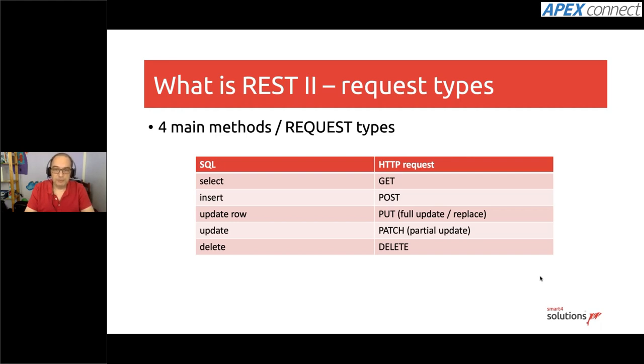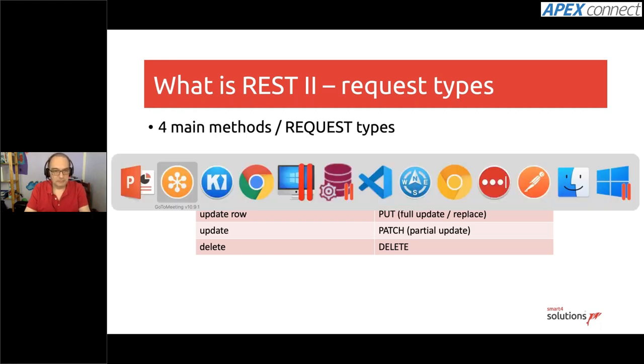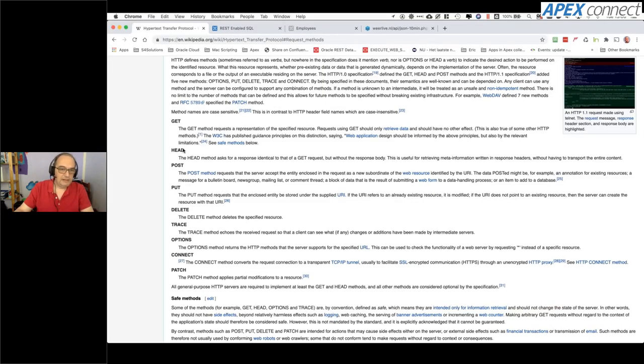We have post, put, patch, delete, and there are numerous others. You can see them over here: get, head, post, put, delete, trace, options, connect, patch, etc. So just have a look at Wikipedia and search for REST and HTTP. You will find those request types.